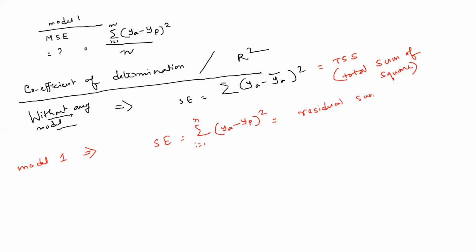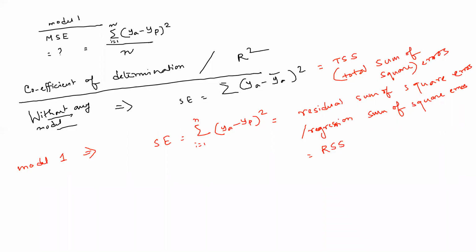Some people also call it the regression sum of squares. That means after regression, whatever error is left. Sum of squares means sum of squared errors, and that is also called RSS.